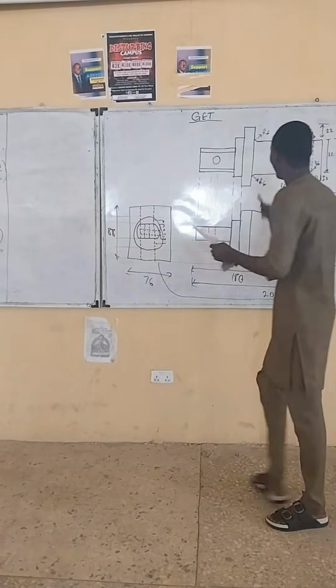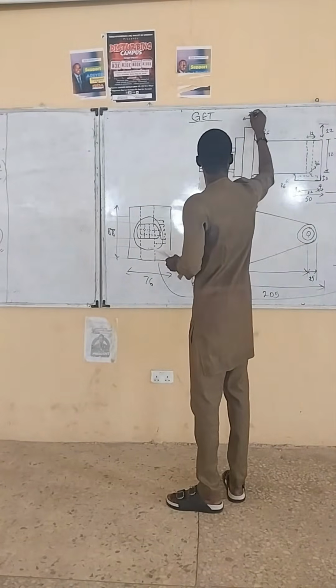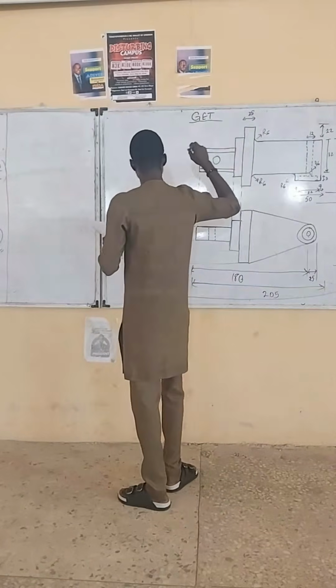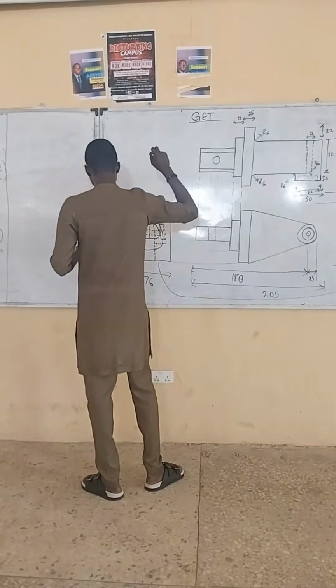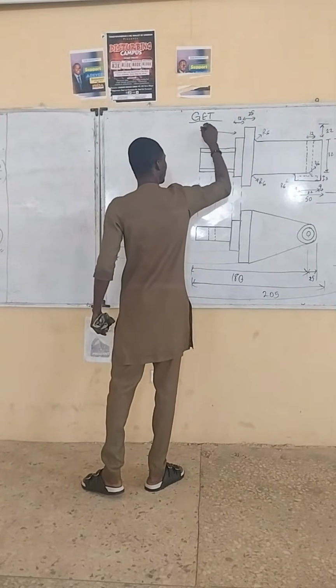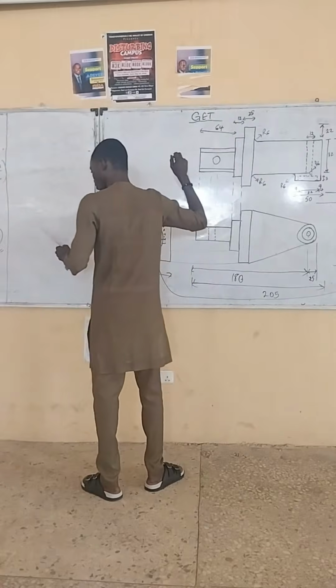I have this place to be 25. I have this place to be 12. I have totally this place to be 64.